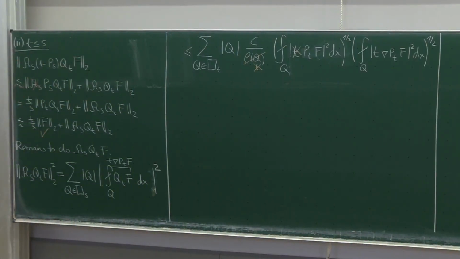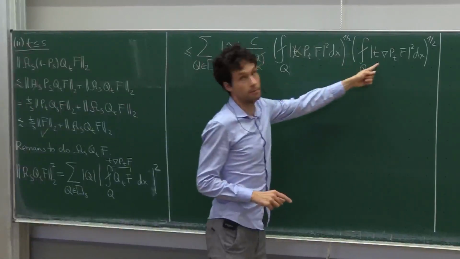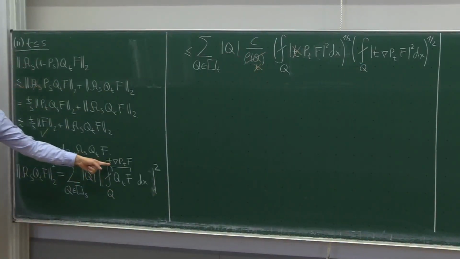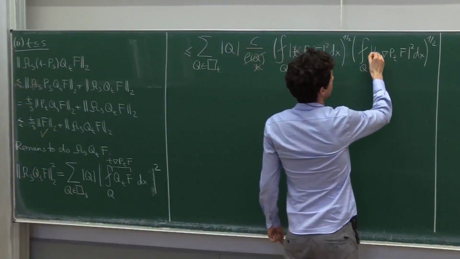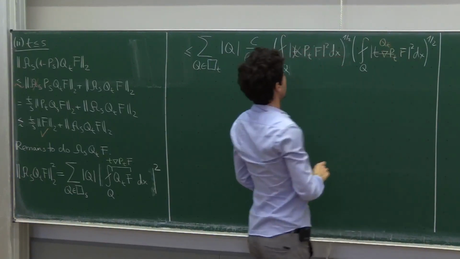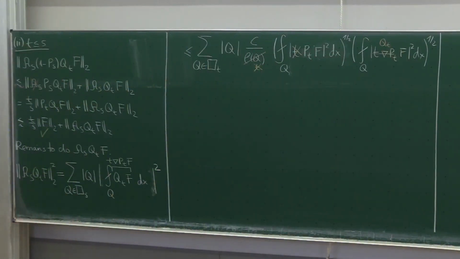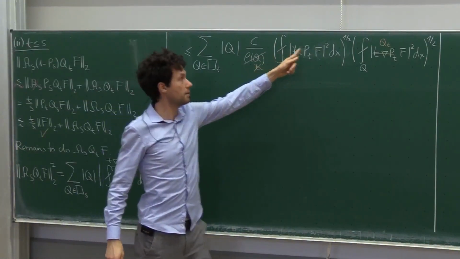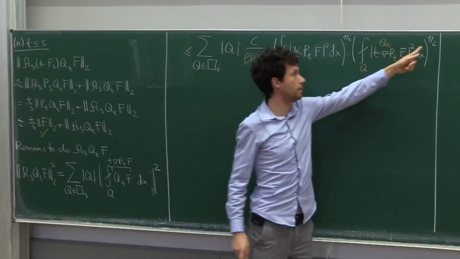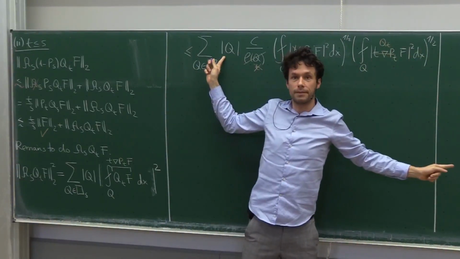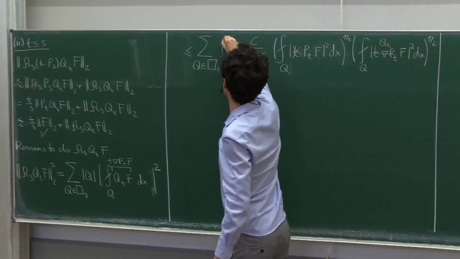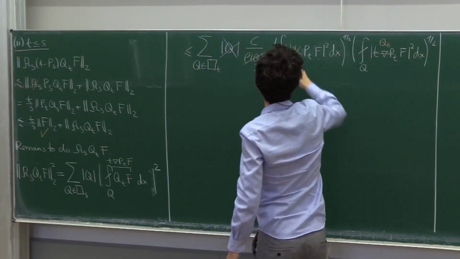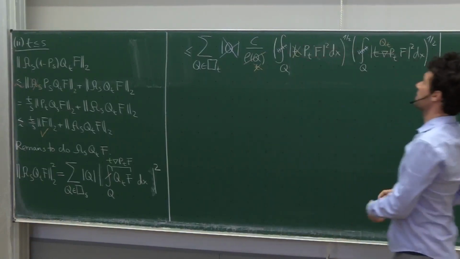And then over there, t gradient P_t is precisely undoing what I did here, to recall to you that Q_t was a gradient field. This is just Q_t. And I can go on, because I divide by the measure of the cube once with a power 1/2. I do it another time with a power 1/2. And over here, I multiply with the measure of Q. So all of the measures of Q also cancel. This goes at the expense of making this a non-average integral and making this a non-average integral.